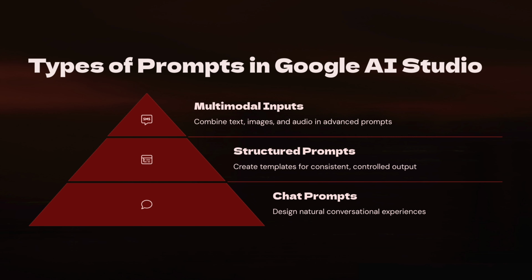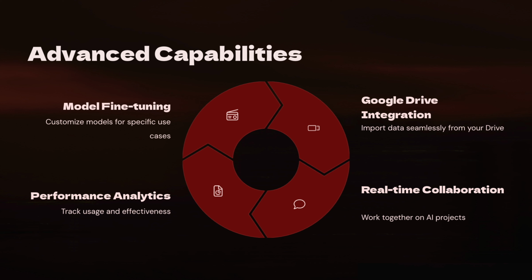Types of prompts in Google AI Studio start with general chat prompts, structured prompts, and multimodal inputs. Advanced capabilities of this studio are model fine-tuning, Google Drive integration, performance analytics, real-time collaboration.